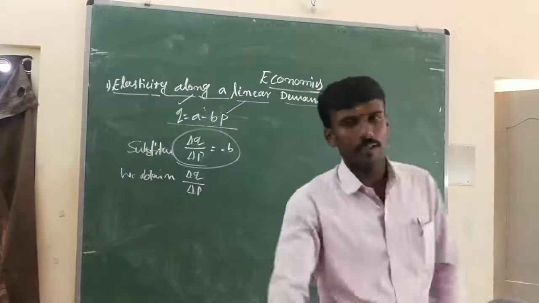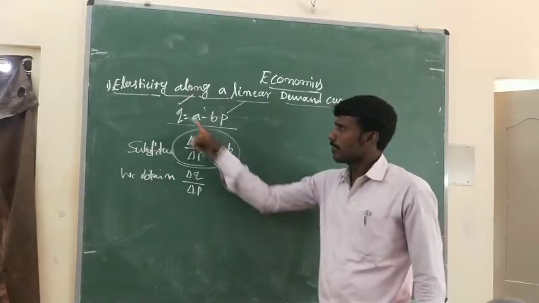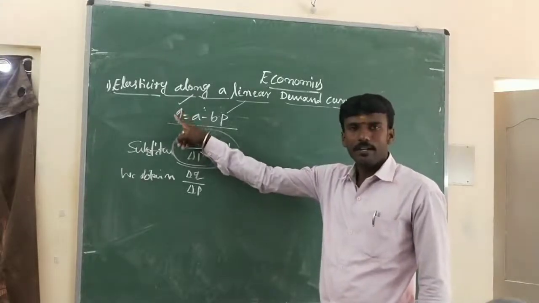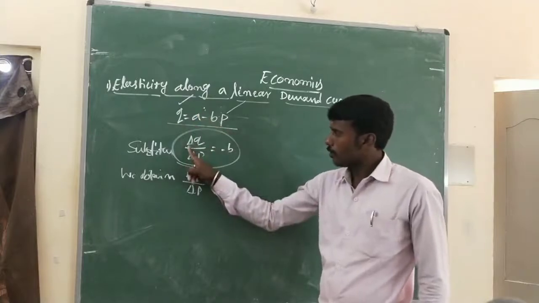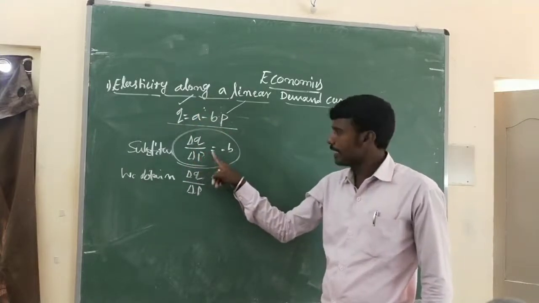See, as I already told, you know that this is the demand curve equation. Now delta q divided by delta p equals minus b.